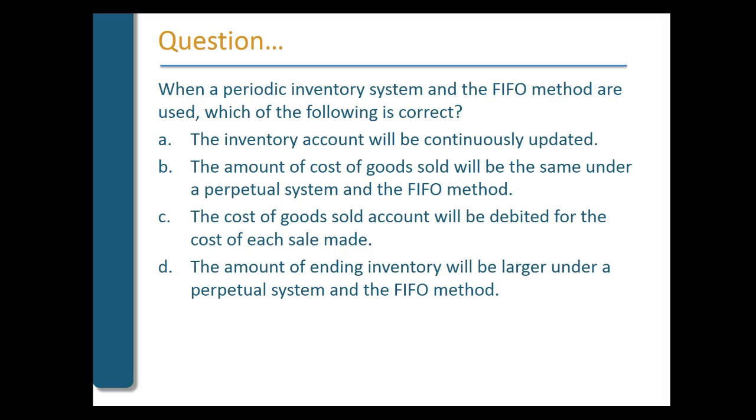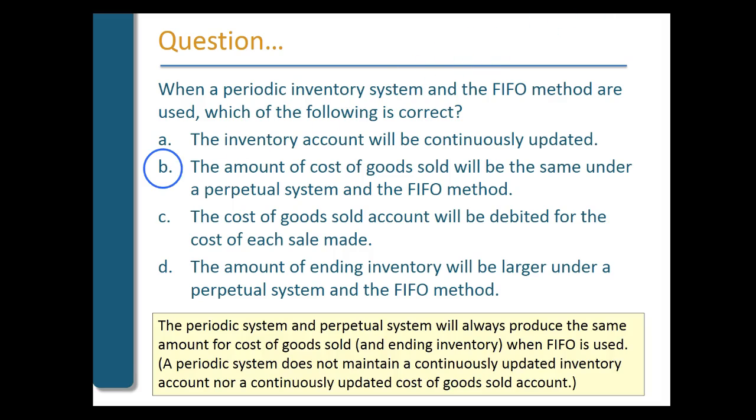Or D, the amount of ending inventory will be larger under a perpetual system and the FIFO method. Well, it looks like the amount of cost of goods sold will be the same under perpetual and FIFO. They'll always produce the same amount for cost of goods sold.